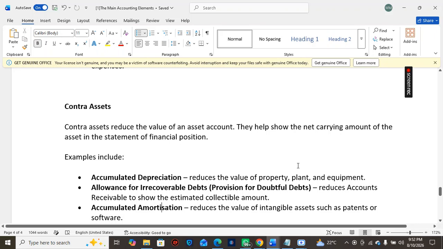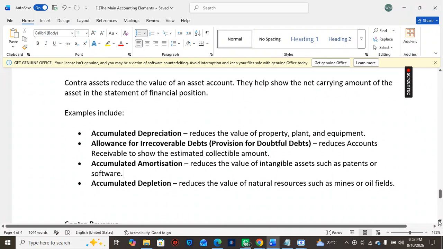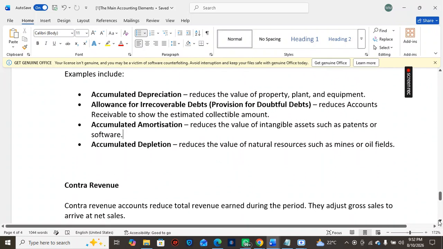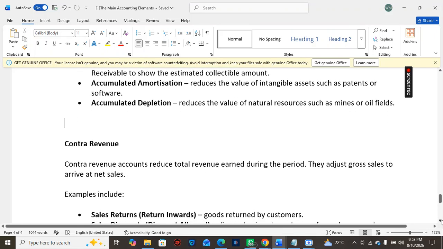Just remember depreciation is for the physical non-current assets, amortization is for the intangible non-current assets. Both are reducing the value of the assets. And then there's also accumulated depletion, which reduces the value of natural resources such as mines or oil fields.